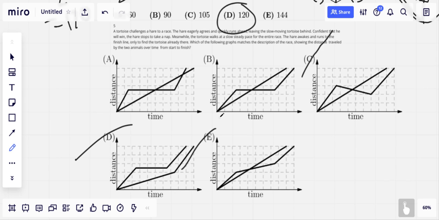So the correct answer is B, and this is because the problem shows that the tortoise travels the same distance in less time than the hare, and B aligns with that.